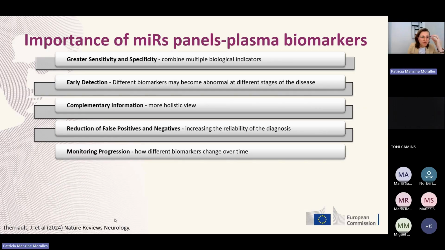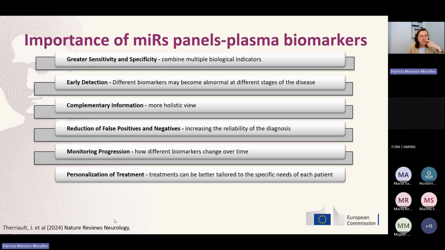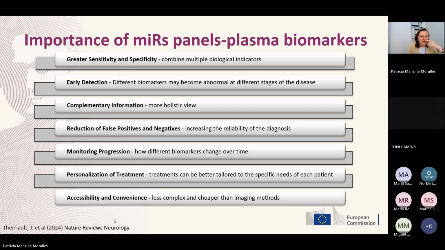The panel is also important for monitoring progression, that is, how different biomarkers change over time, as we saw at the beginning of this presentation, and for personalization of treatments, so treatments can be better tailored to the specific needs of each patient.